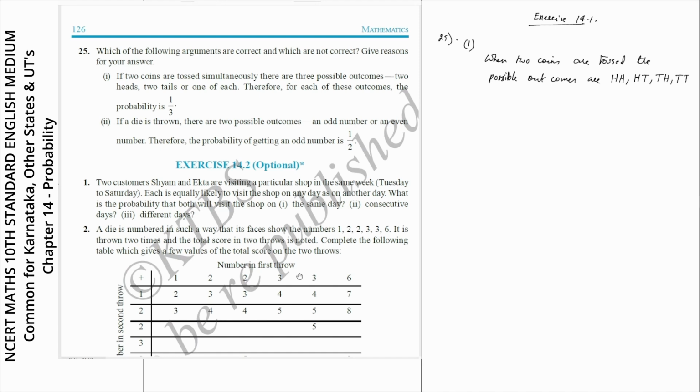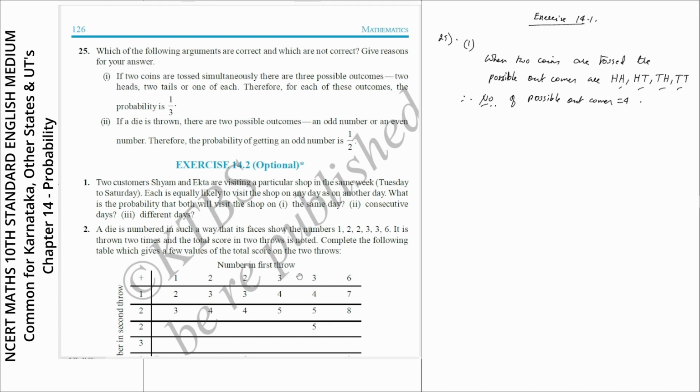So these are the 4 possible outcomes. Therefore the number of possible outcomes is equal to 4. 1, 2, 3, 4 are there.